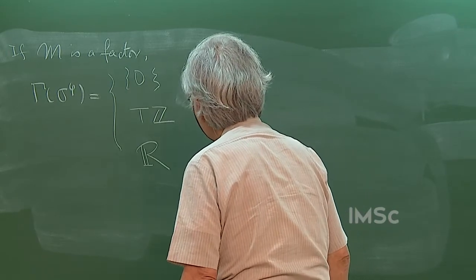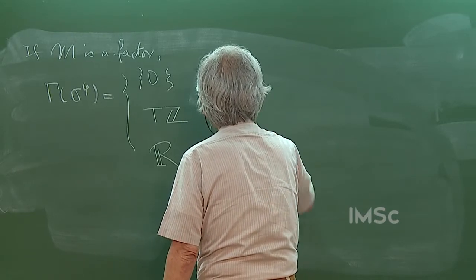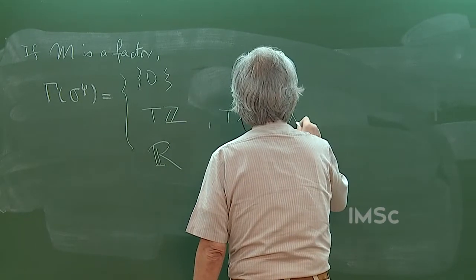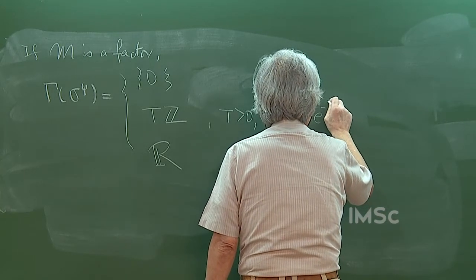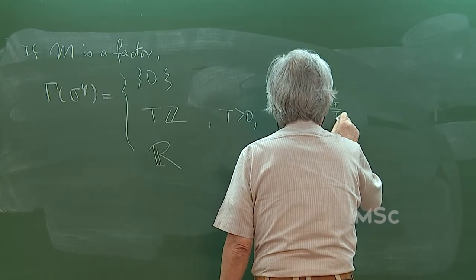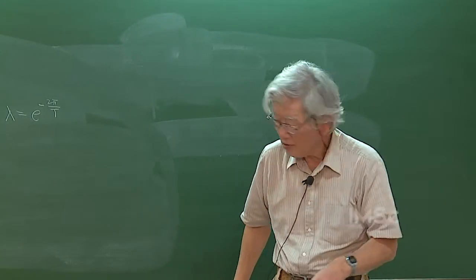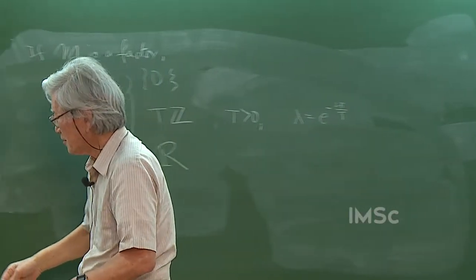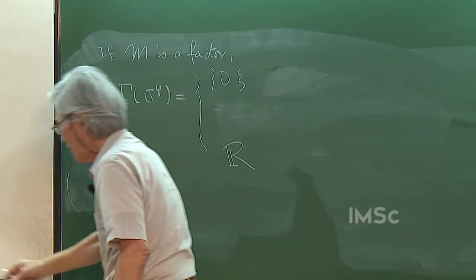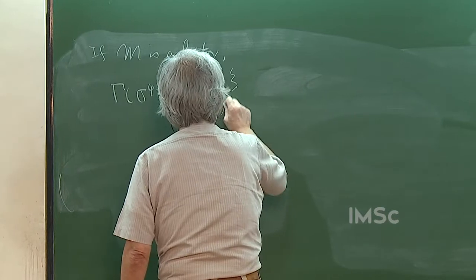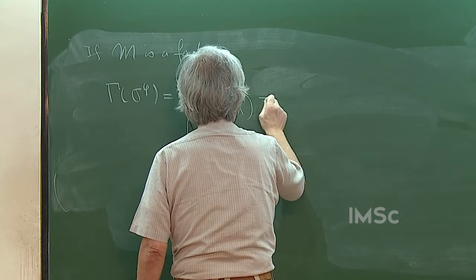Yes, and then T, of course positive, and we take lambda to be e to the minus rho, lambda to the z.